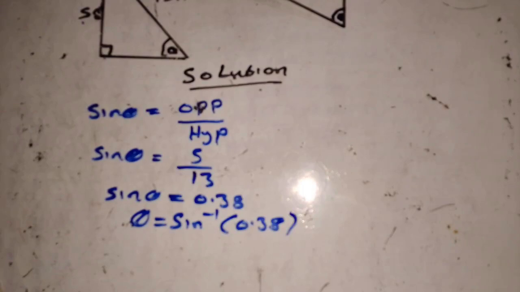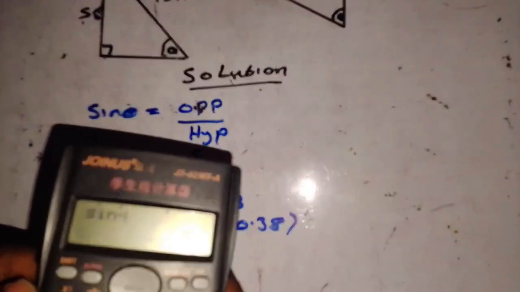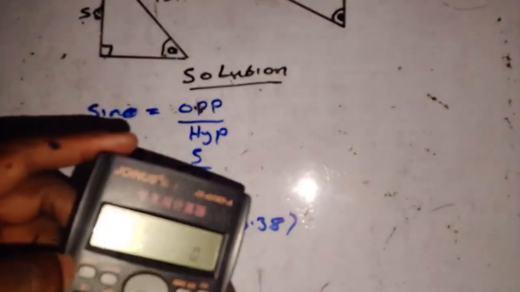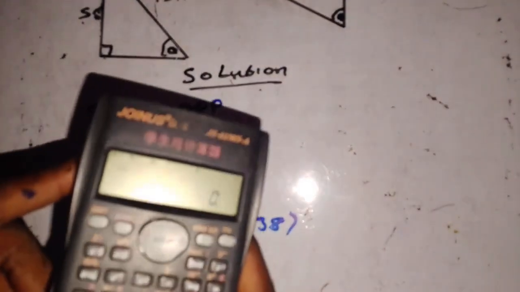How to punch it on your calculator? Remember, you start with shift. You click on shift, then you click on sine, and you're going to have something like this.